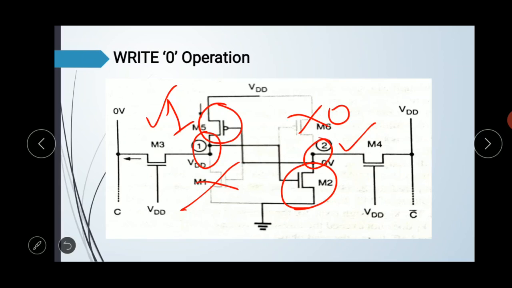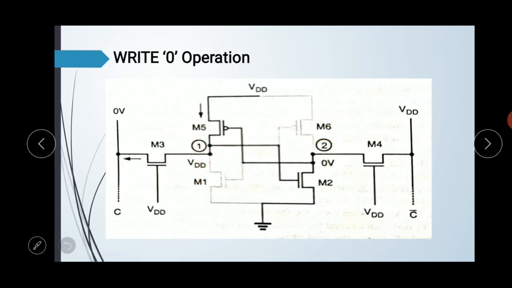When we try to write or change the value, first we have to activate the word line. So when we activate the word line, M3 and M4 are turned on.